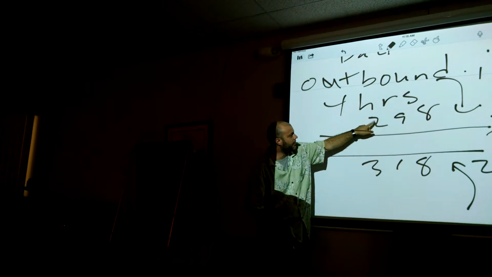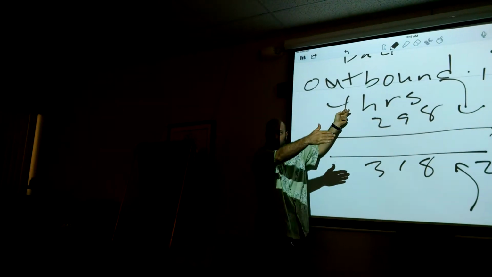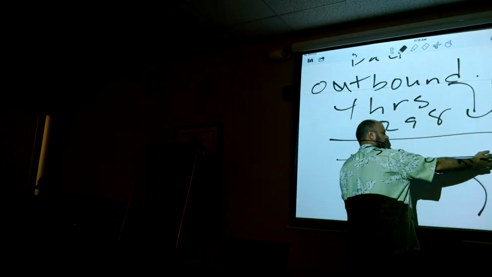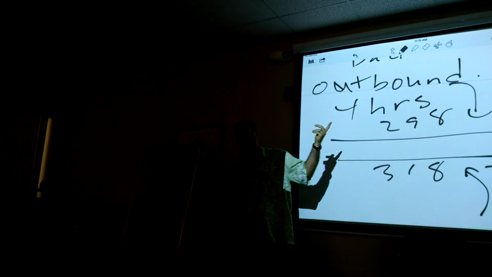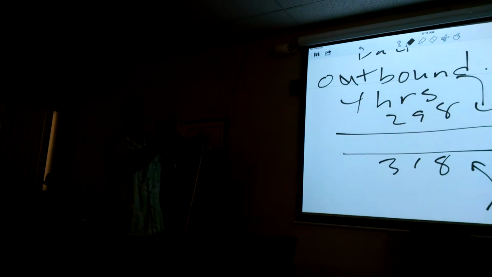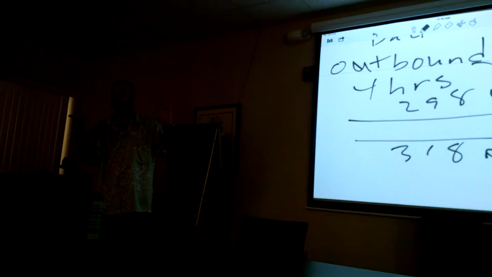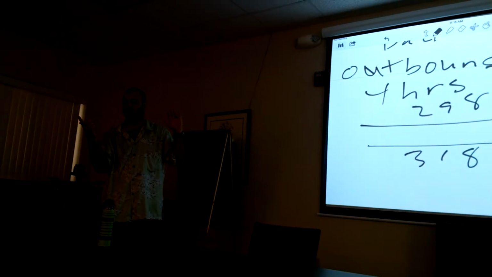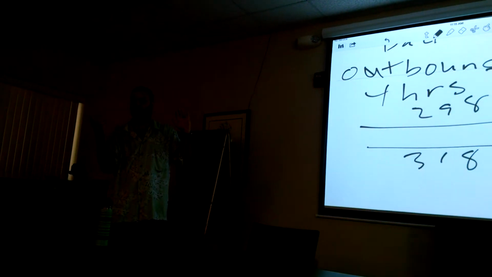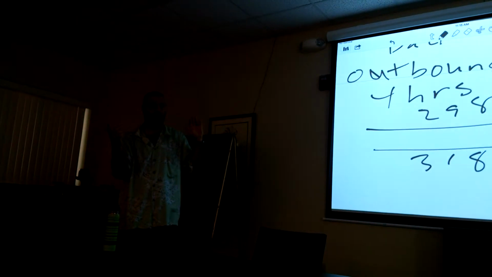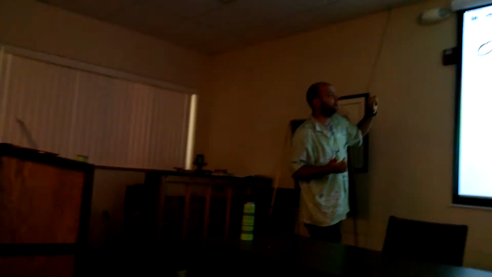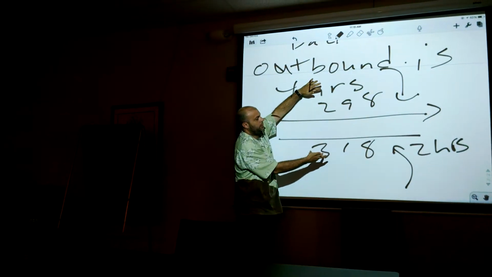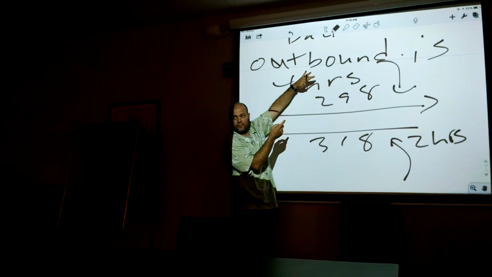A rate times a time tells me how far I went. How long is this arrow? This is a rate times a time. It tells me how long this arrow is. If 4 hours is the answer, those arrows should be the same length. Is that okay? Okay. So you understand where the 298 and the 318 came from?